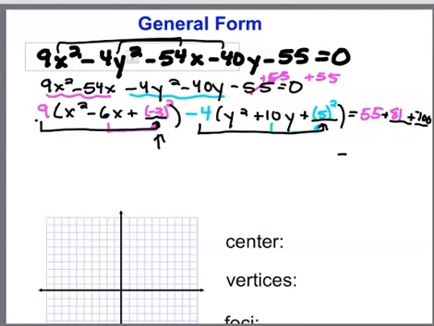So if I were to simplify the right side, 55 plus 81 minus 100 ends up being 36. So this all simplifies to 36.